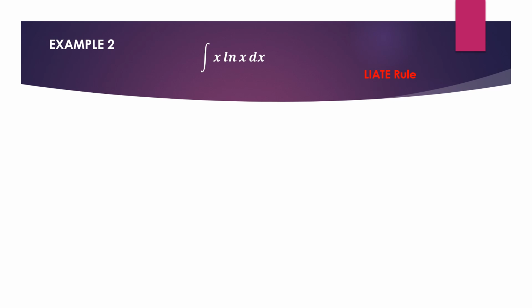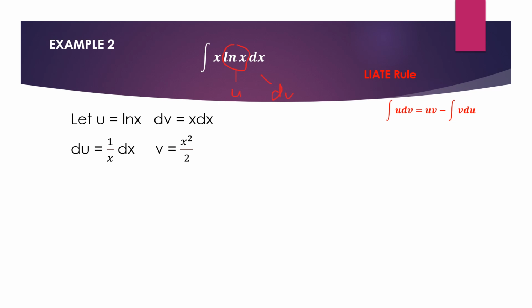So here we let u be natural log x and dv be the x dx. Then we will get du equal to 1 over x dx and v equal to x squared over 2.